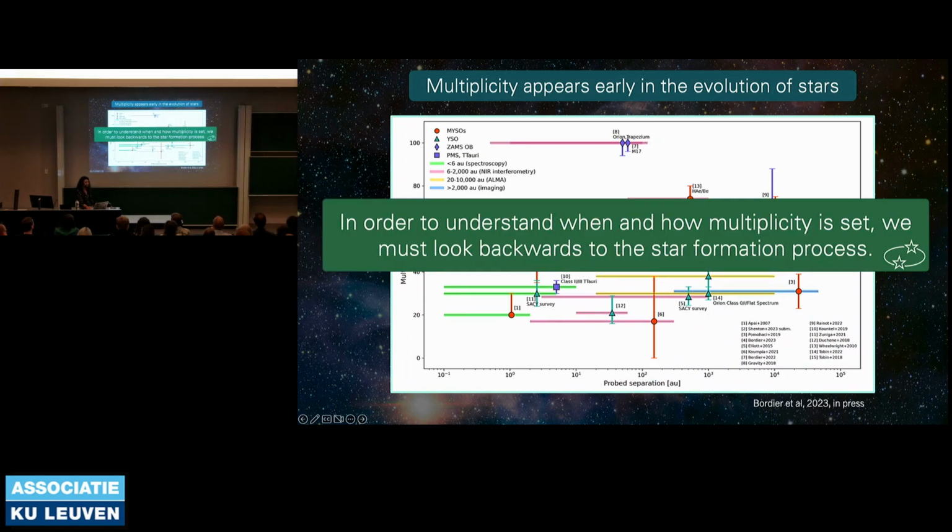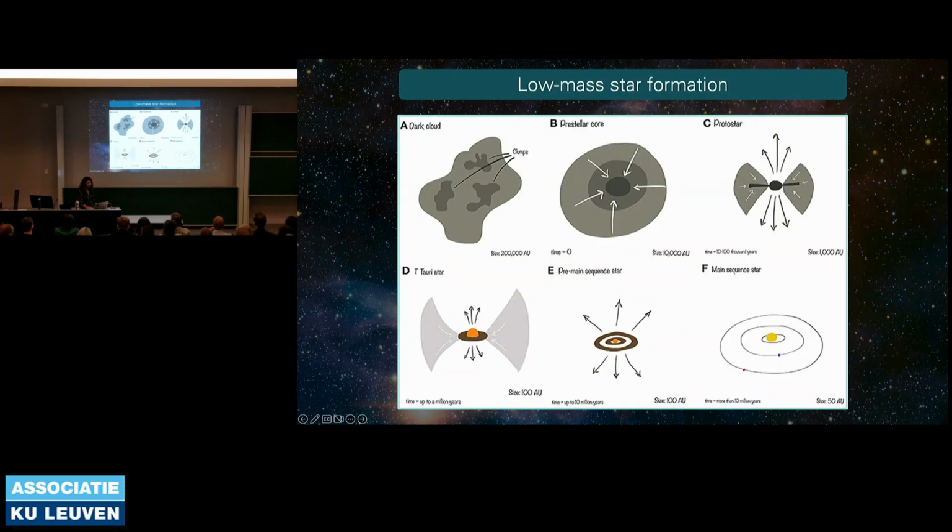So in order to understand when and how the multiplicity is set, we must look backwards to the star formation process. So I will give you some hints about low mass star formation. It's really simple because this is not something I would like you to remember from this talk, but just to set the context a bit.